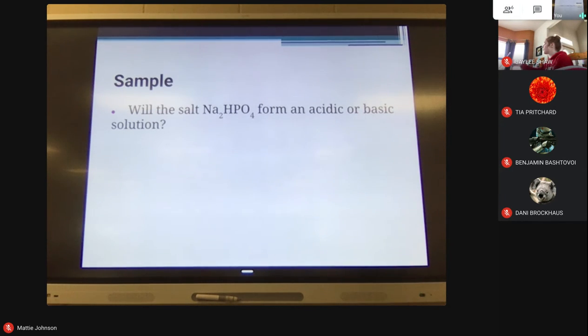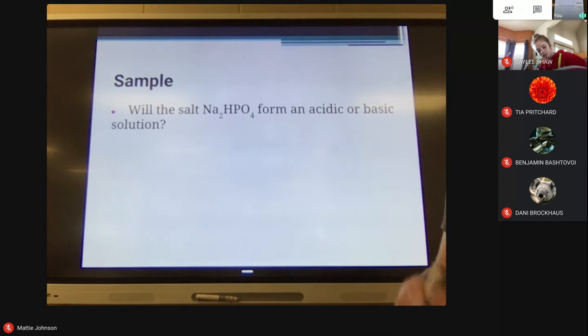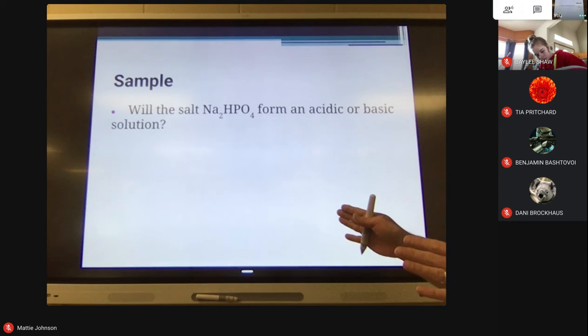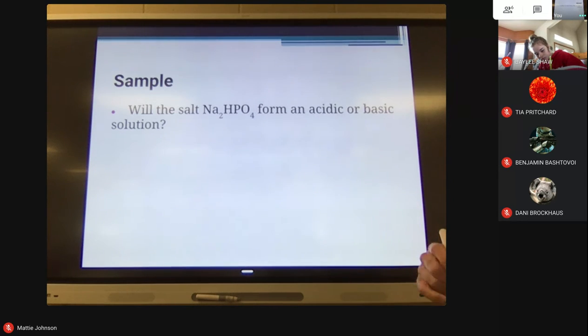Will the salt Na2HPO4 form an acidic or basic solution? Okay? So what you have to do is I think the easiest thing is just identify what does nothing. Okay? I see something that would not influence the pH that I can just go ahead and just shank.